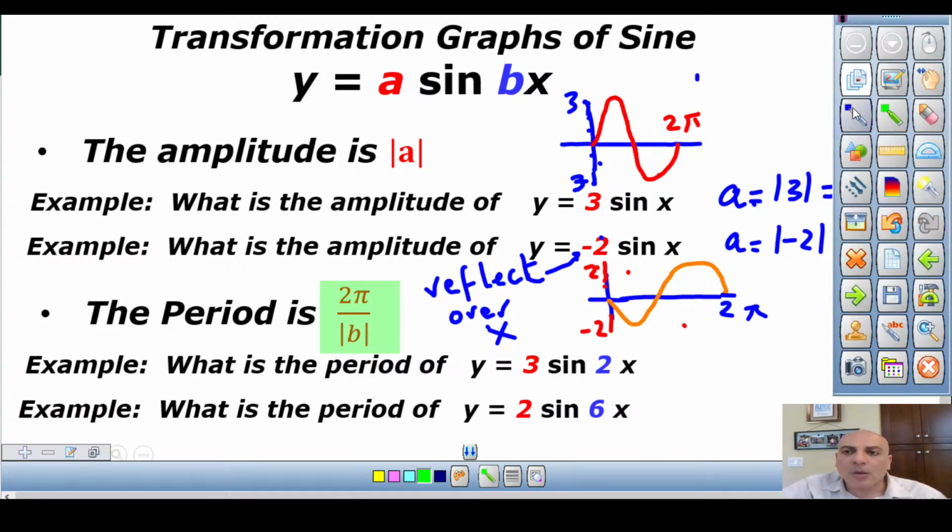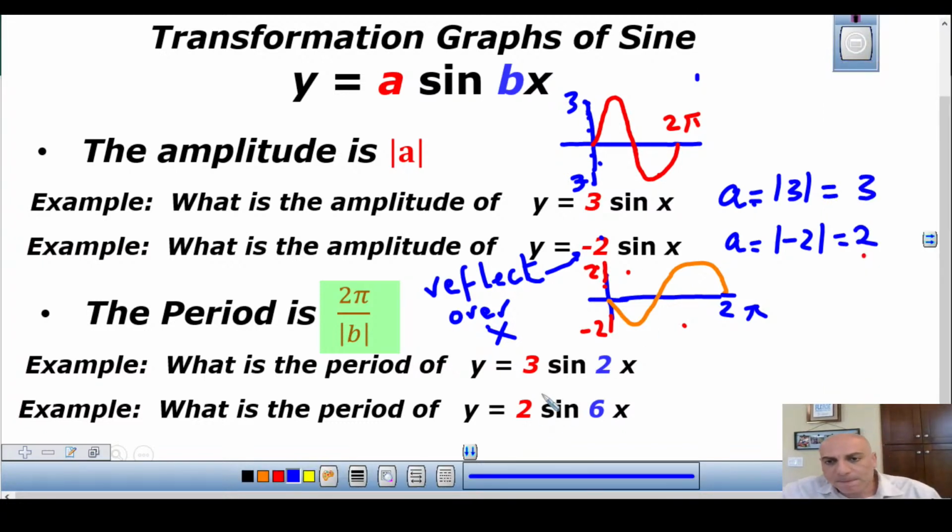Okay, so for example, this one here, I know the amplitude is 3. We're not discussing this at the moment. I'm looking at the b right now. So if I want to find the period, the period is going to be 2 pi divided by this amount here, which is 2. Which means I'm going to end up with just pi.